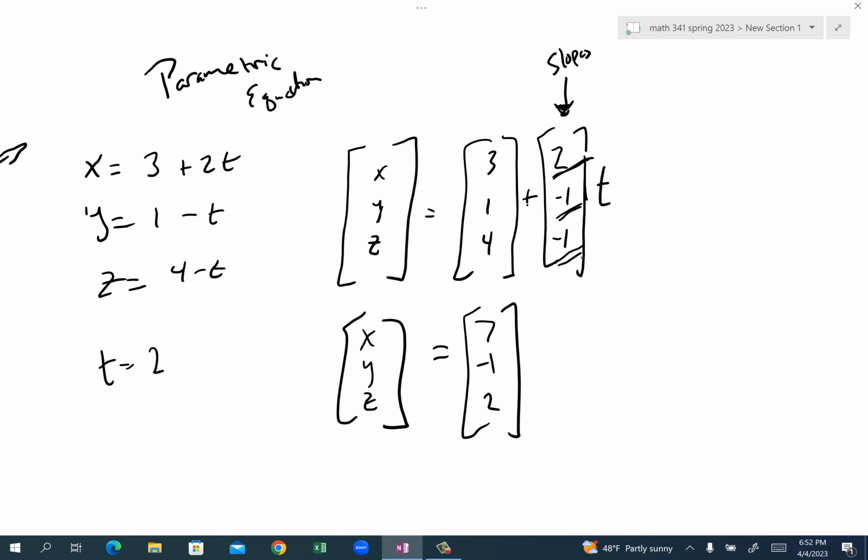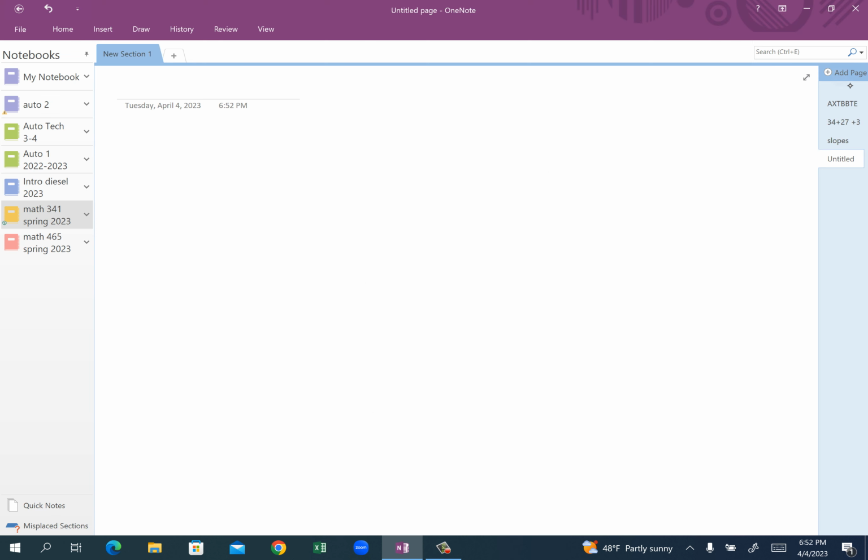Now, if I had told you this in 2 dimensions, you're like, oh, okay, cool. So suppose you said x equals, I don't know, 2 plus 5t, and y equals 3 minus t, or whatever. What you'll notice here is that t is equal to what?